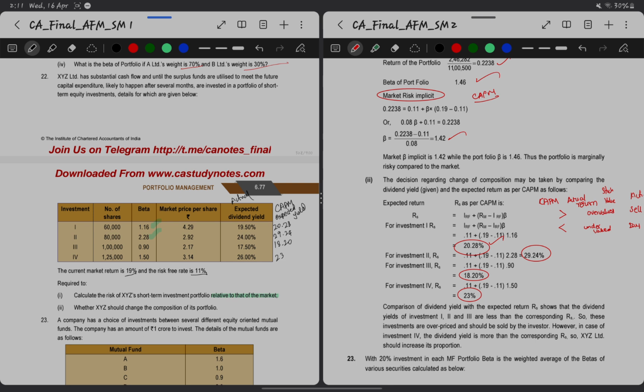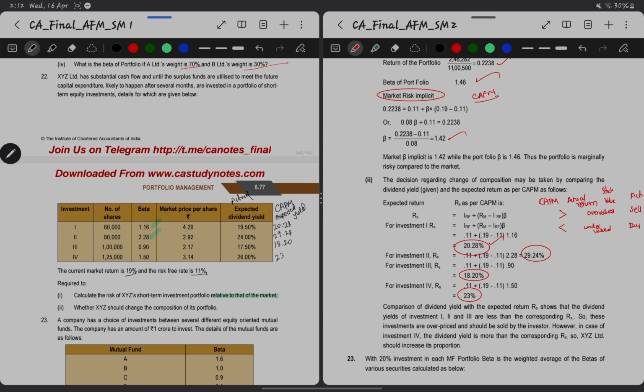The investors will not want it in the future, so the demand will reduce and they will end up selling it. Hence, it is an overvalued stock. Our action also is to sell it, because in future the price will reduce. Currently it is overvalued. Why is it overvalued? As we have seen, the actual return is less than what the CAPM is giving.